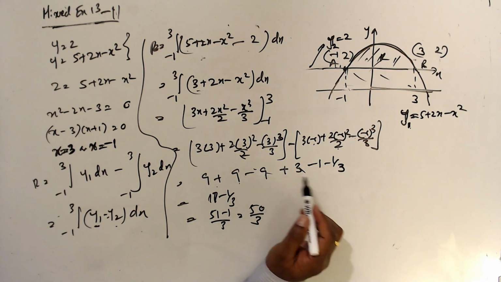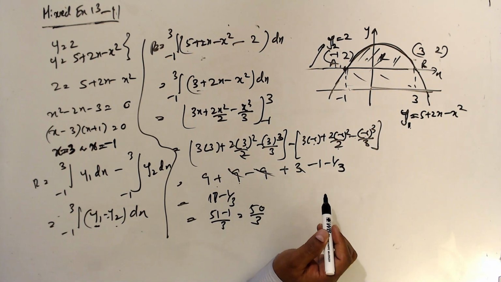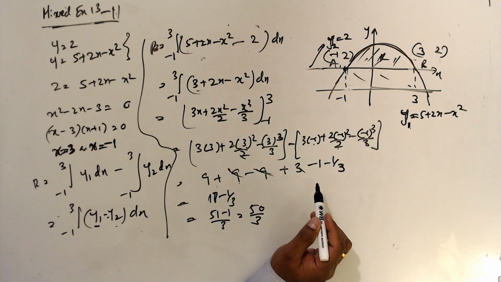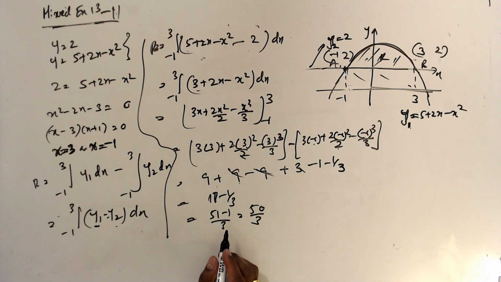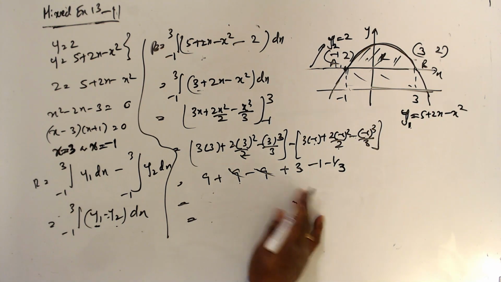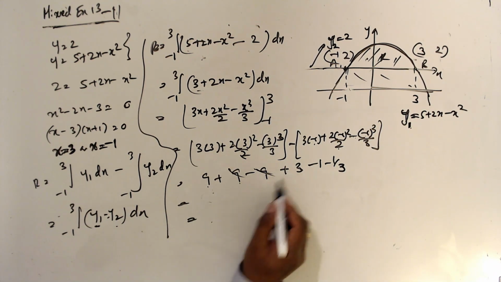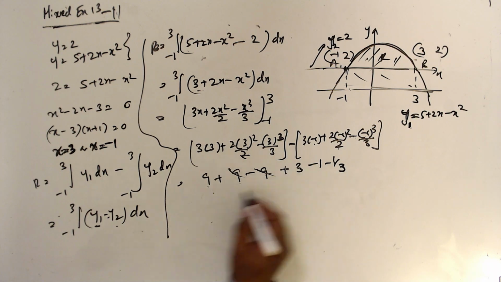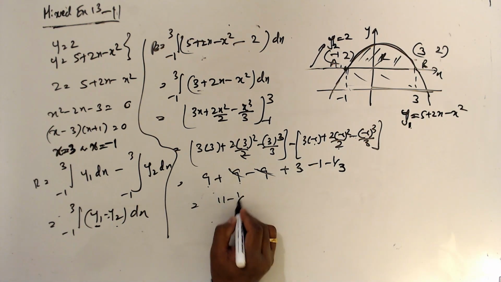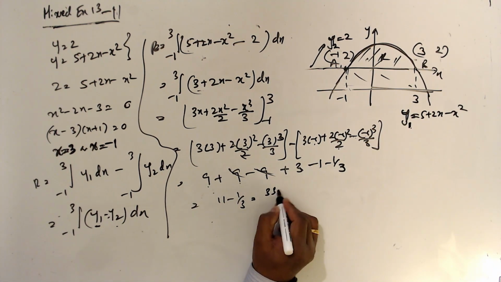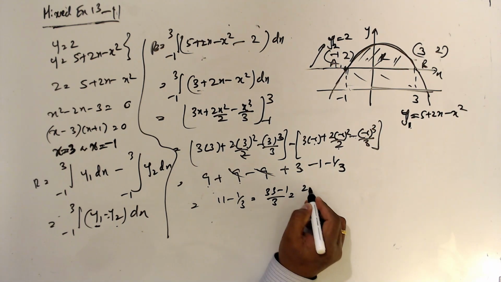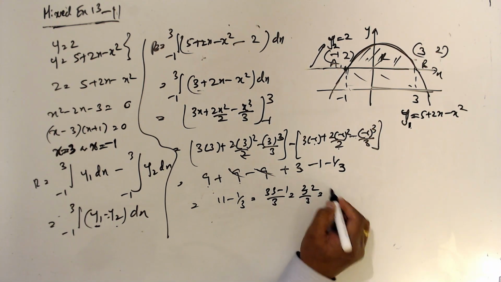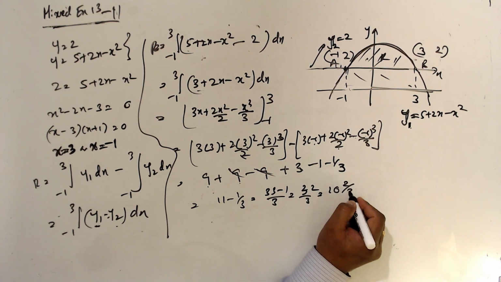Yes, so this also cancels out. So 9 plus 3, 12. 12 minus 1, 11 minus 1 over 3. 33 minus 1 over 3, 32 over 3. So 10 and 2 over 3.